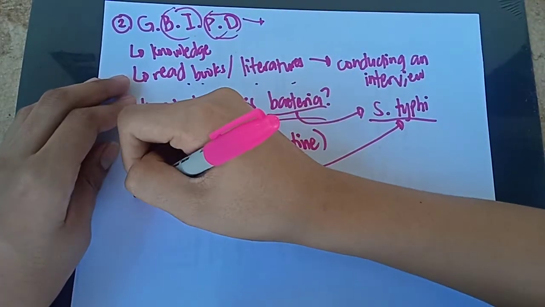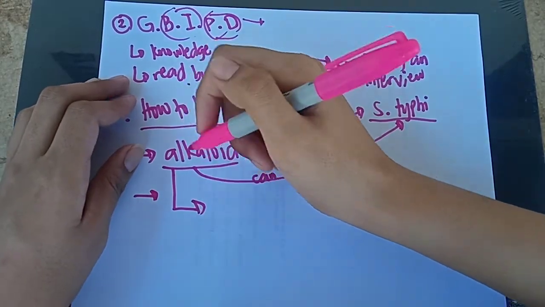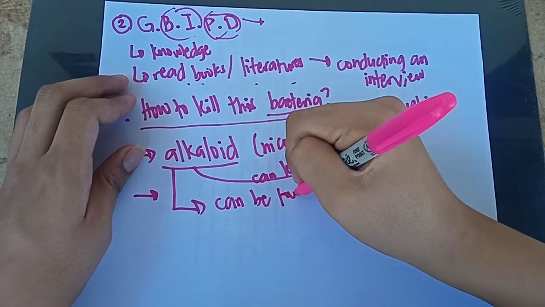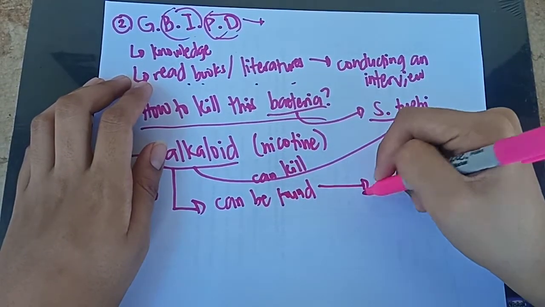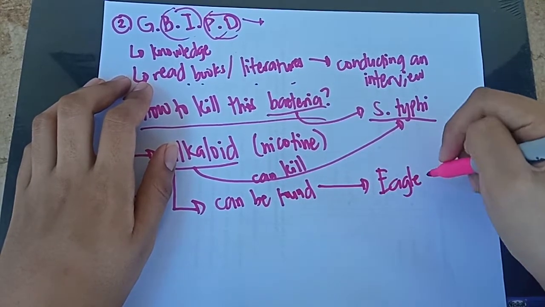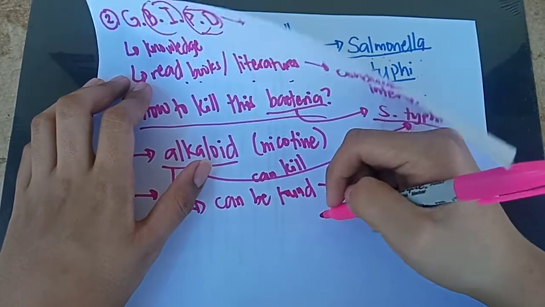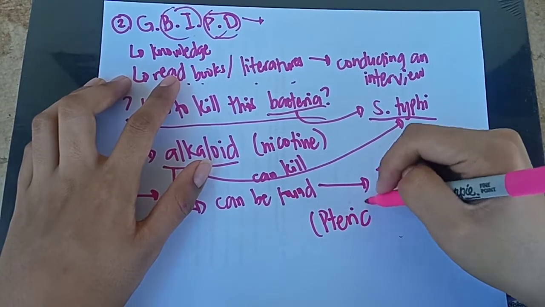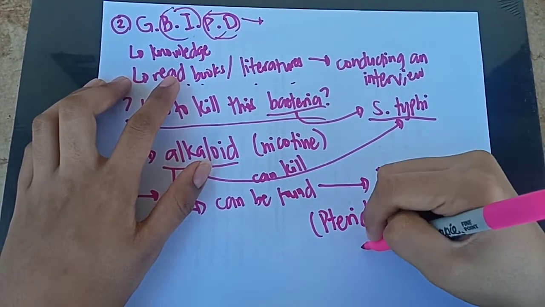And you also discovered that this alkaloid can be found in a certain species of plant, and that species is eagle fern, with a scientific name of Pteridium aquilinum.